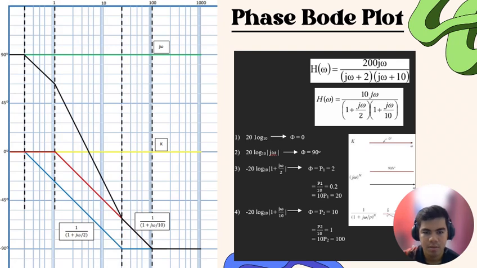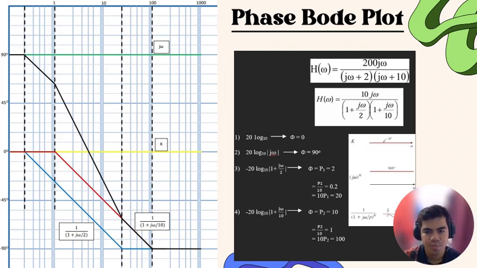And number three, negative 20 log 10 for 1 plus jω over 2. We got the phase from the equations.